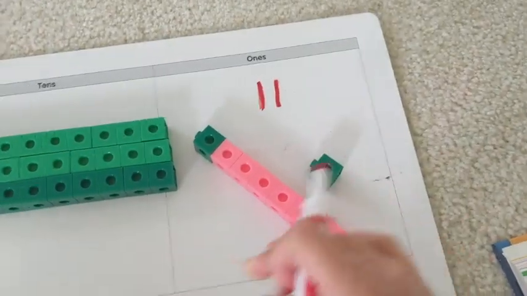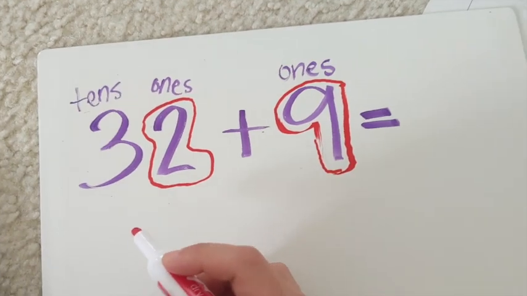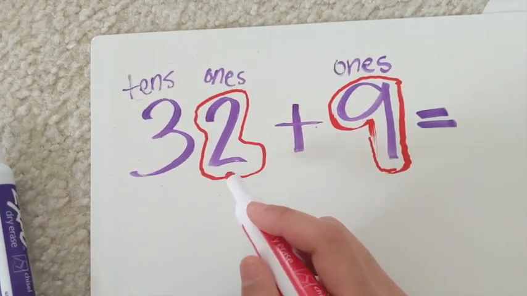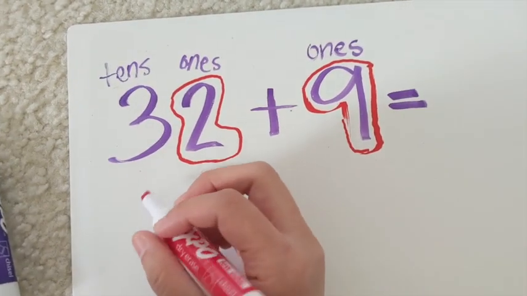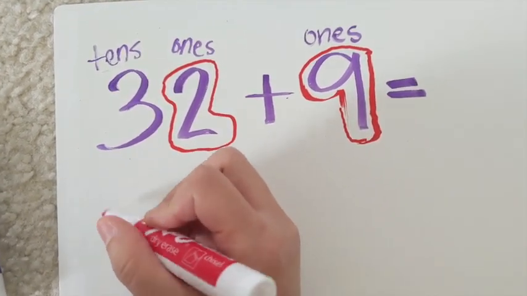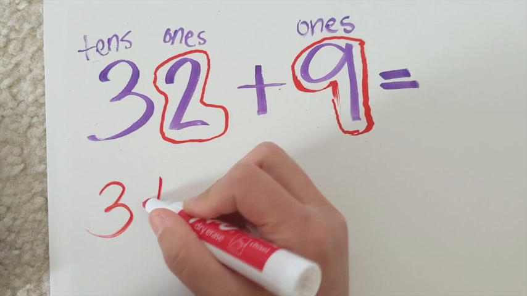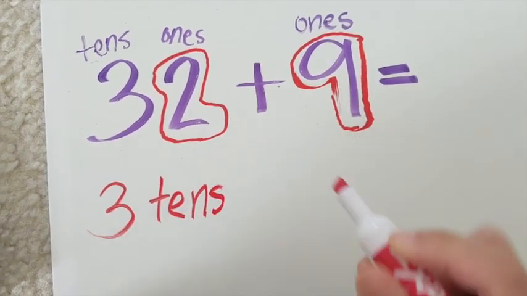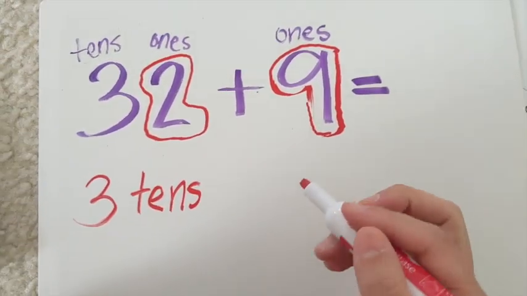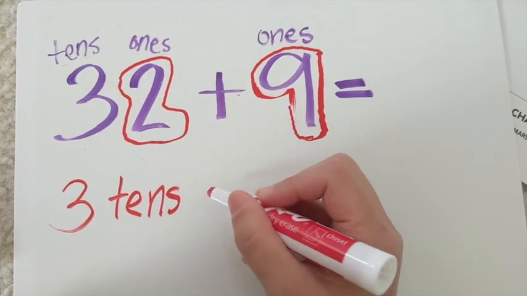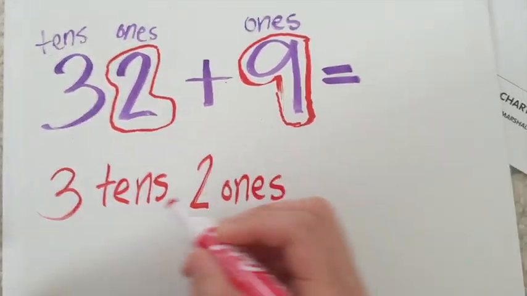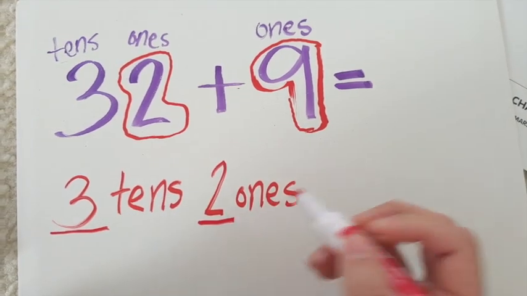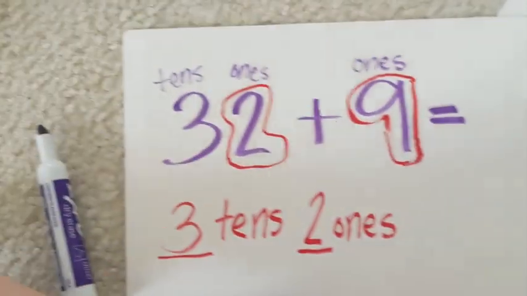So 3 10s and 2 1s plus 9 1s. Well, go ahead and just leave the 3 10s alone. Go like this, 3 10s. Because we remember we started with the 1s place. And 2 1s. So here's the part that you're going to see blanks for.